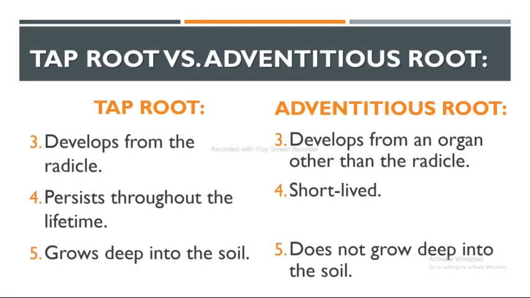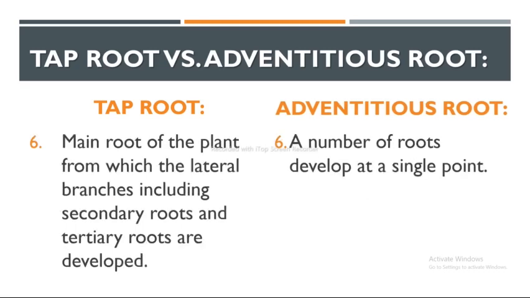Taproot persists throughout the lifetime. Adventitious root is short-lived. Taproot grows deep into the soil. Adventitious root doesn't grow deep into the soil. Taproot, main root of the plant from which the lateral branches, including the secondary roots and tertiary roots, develop. Adventitious roots, a number of roots develop at a single point.